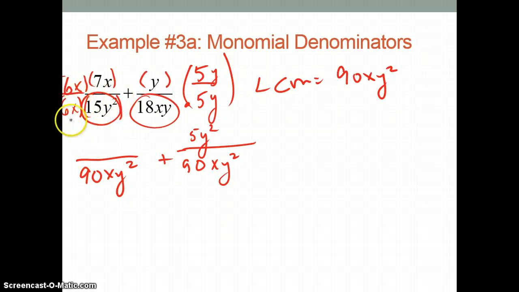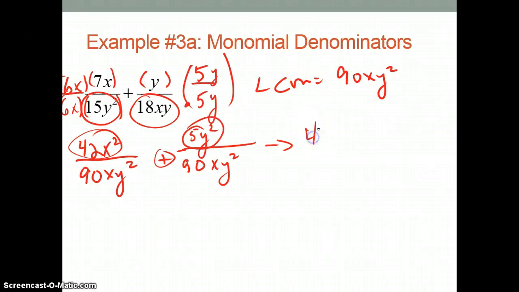A good double check on these is to actually multiply these bottoms together and make sure that you get your desired denominator down here. Then we can physically do the operations up top and we get 42x squared. At this point, we have common denominators, so we can add these fractions. So what we do when we add fractions, we take this top, we add it to the second top, so we have 42x squared plus 5y squared.